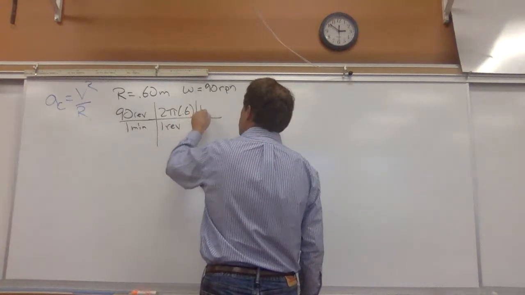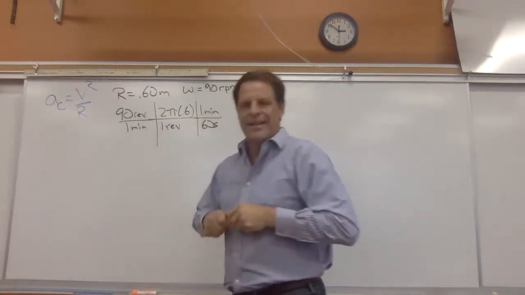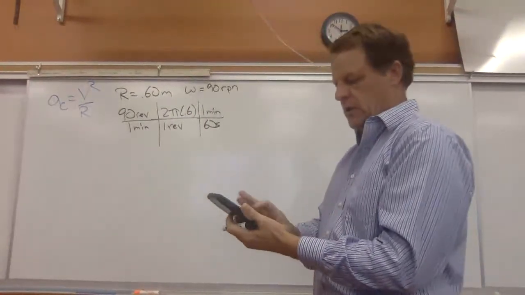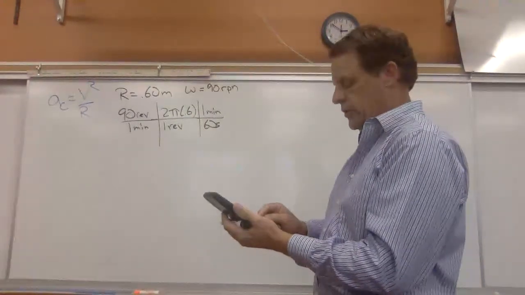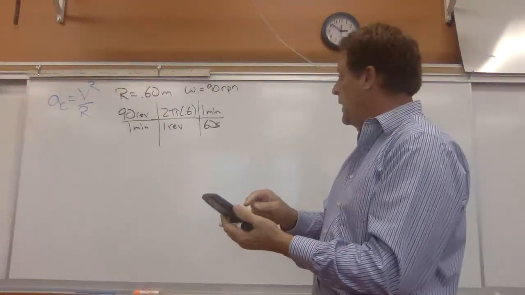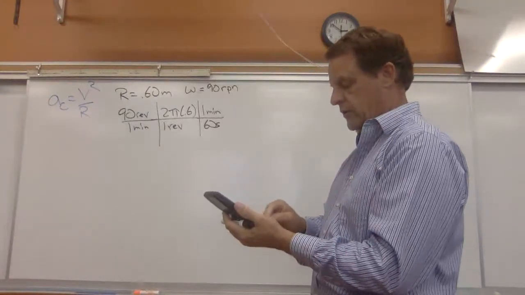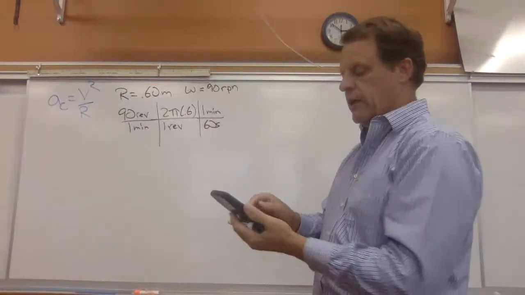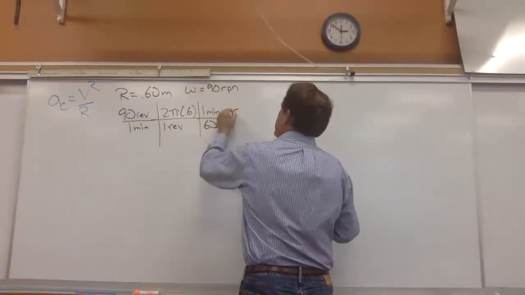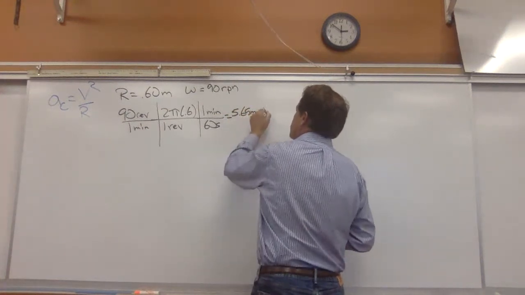And for every 1 minute, we're going to have 60 seconds. And by a quick calculation, we are going to have 90 times 2 times pi times 0.6 divided by 60, and we're going to get 5.65 meters per second. 5.65 meters per second is going to be our velocity.